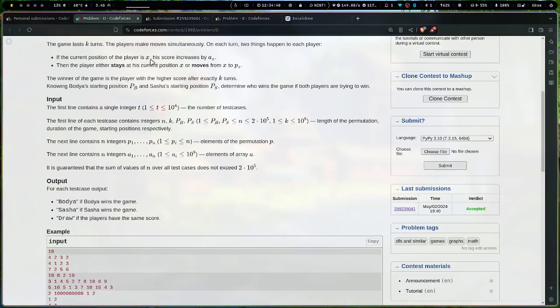Suppose the current position of a player is x, then his score is increased by x. Suppose Bodia is standing at second position and Sasha is standing at third position. Initially both scores will be 0. After one turn, what will happen? Bodia's score will increase by a of 2. Sasha's score will increase by a of 3.